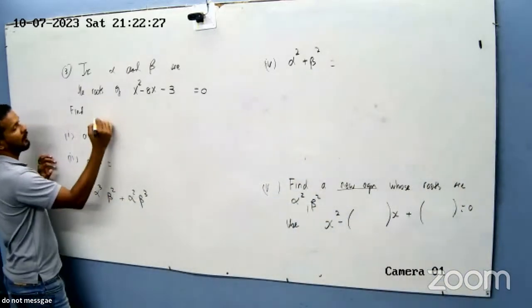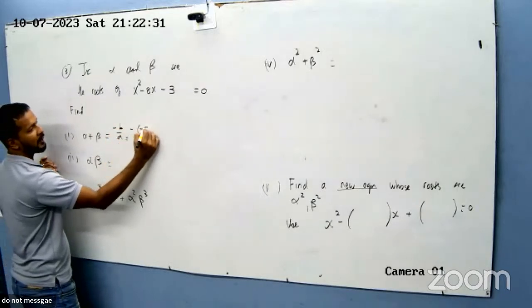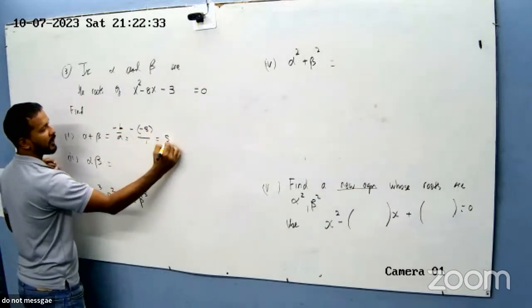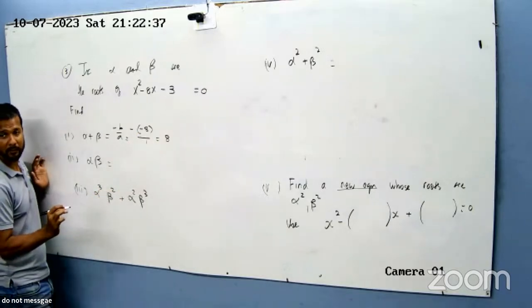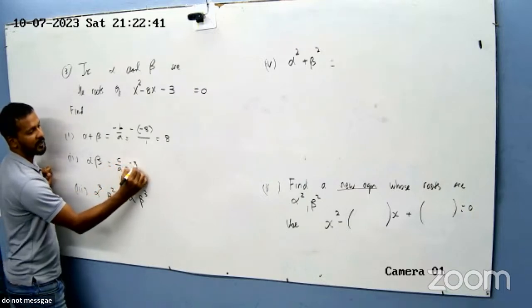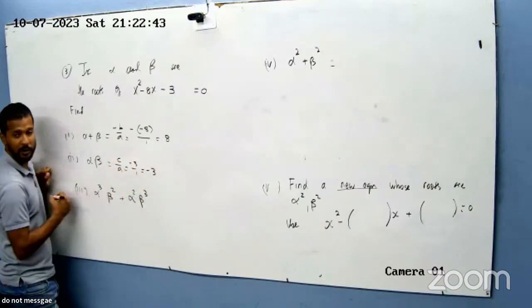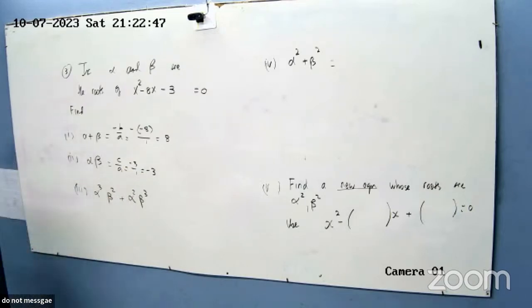So alpha plus beta is minus b on a, so that's minus 8 on 1, so that's 8. Are you okay there? Alpha by beta is c on a, so that's minus 3 on 1, minus 3. 2 marks. For what part?